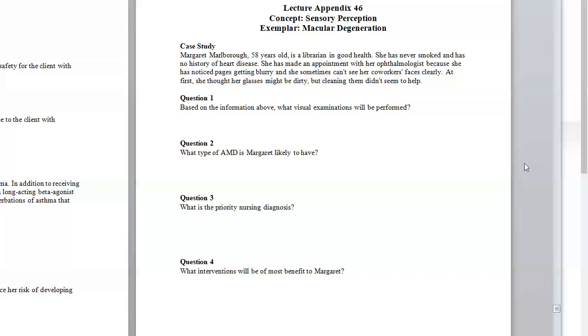I think first of all, diagnosing exactly what is going on and how advanced her macular degeneration is. Again, some of the high doses of antioxidants and zinc would be very helpful for her.